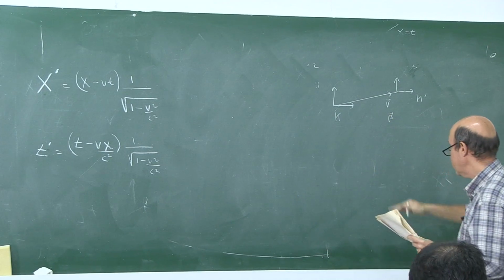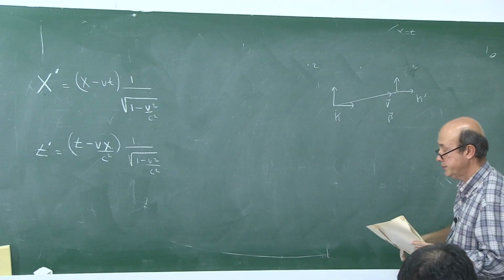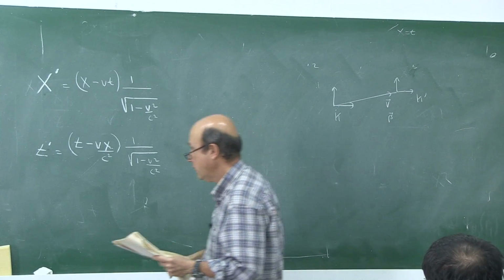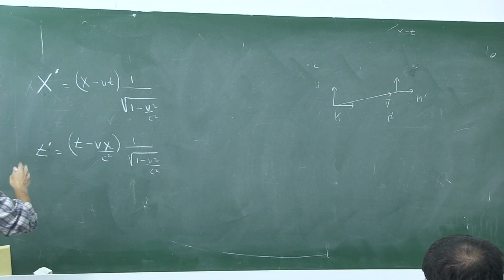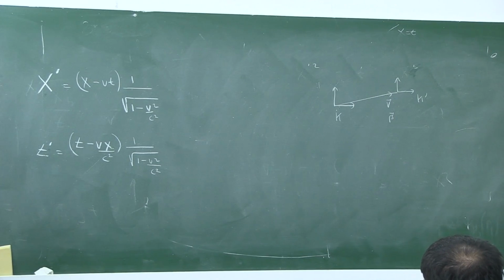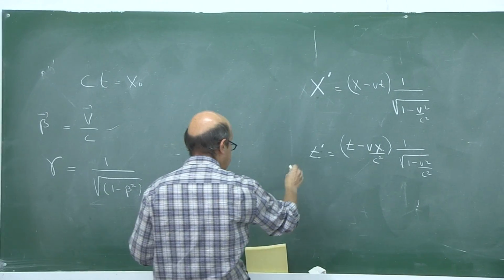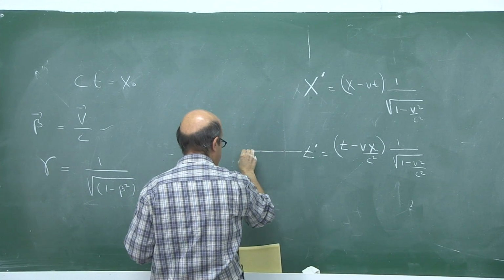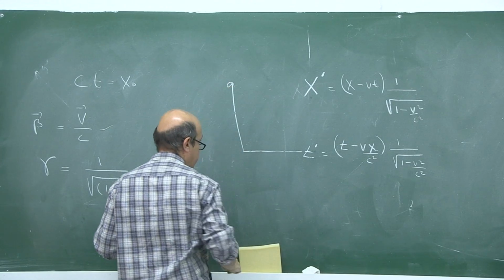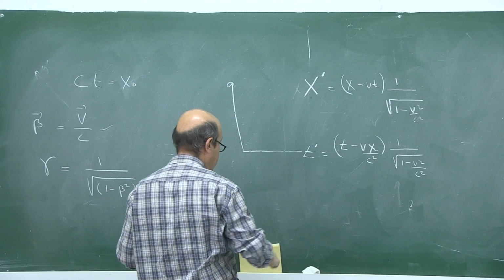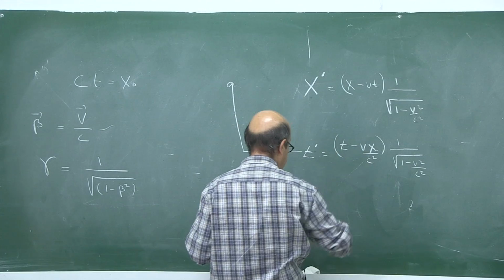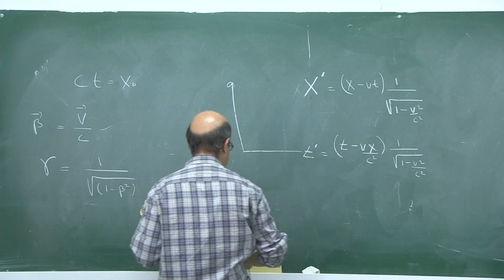If the motion is along the x direction, one coordinate x will be transformed and the time coordinate will be transformed as a Lorentz transformation. So basically, the first term will be represented as follows. Multiply both sides by c. That will be ct prime.